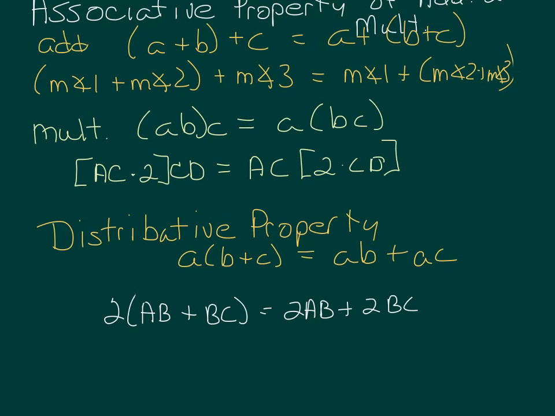So these properties of real numbers apply even to geometry. So we need to be familiar with these, that we recognize when we're looking at the commutative property, the associative property, or the distributive property. Right? So we also have some properties of equality.